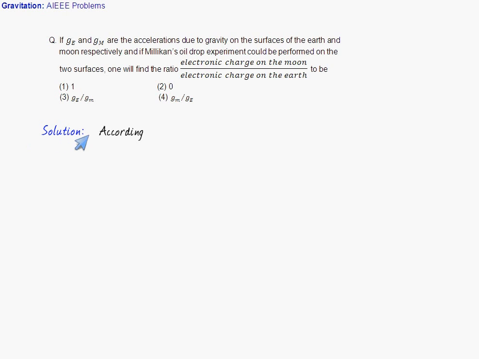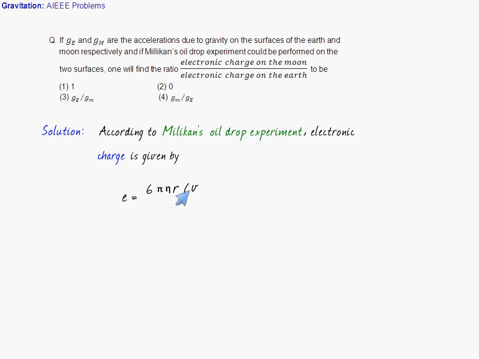According to Millikan's oil drop experiment, electronic charge is given by E is equal to 6 pi eta r divided by E.